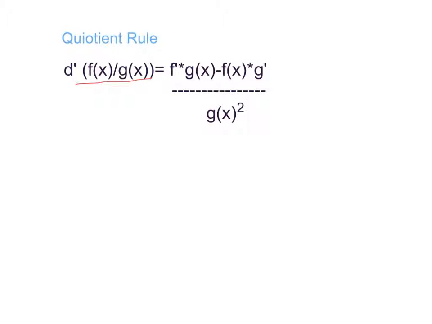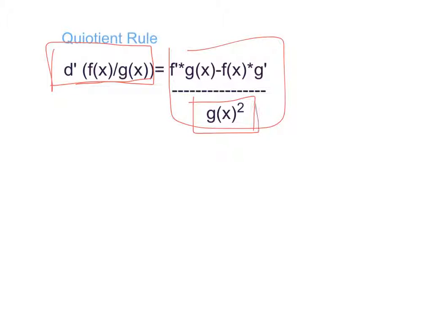We are dividing the f function by the g function, so we multiply the derivative of f of x times g of x minus f of x times the derivative of g of x, and we divide this by g of x squared.